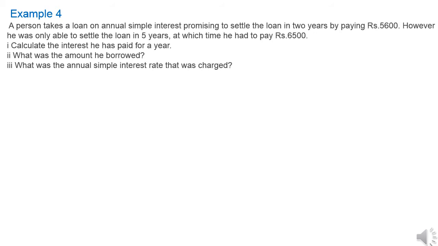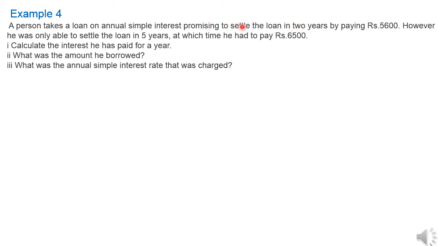Okay, now one more example for students. It's a good example. You can see here, the example says a person takes a loan on annual simple interest, promising to settle the loan in 2 years.